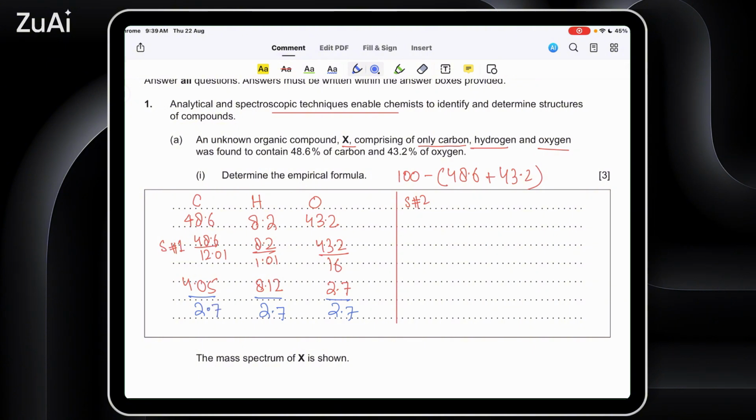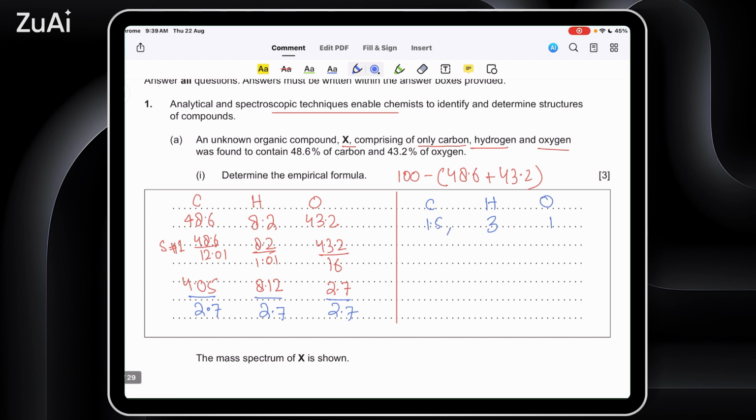So that's the way to solve. So we will have 1.5 for the carbon, for the hydrogen we will have 3, for the oxygen we will have 1.